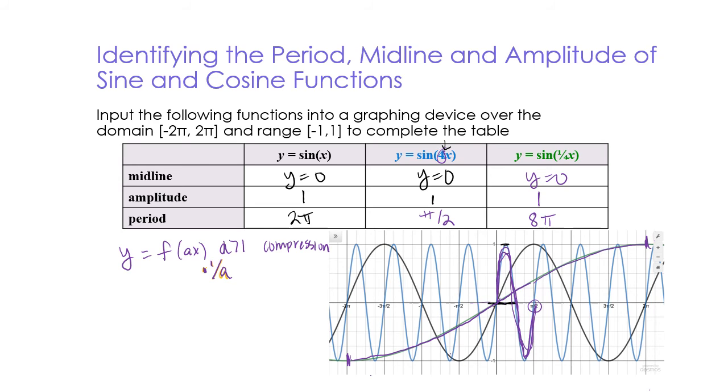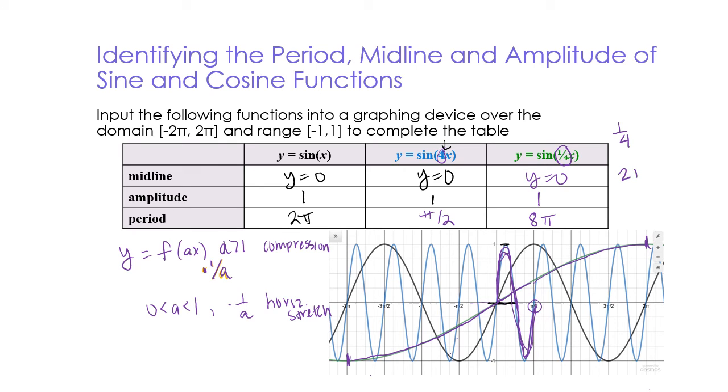And then if your a value was between 0 and 1, you would multiply again by that 1 over a, which is basically multiplying by the reciprocal. That ends up being a horizontal stretch. So here, that a value is 1/4.